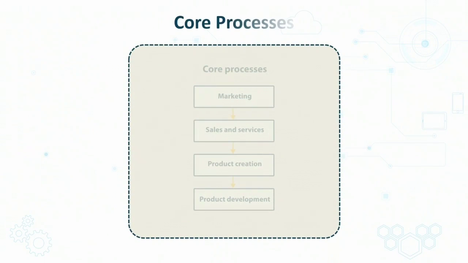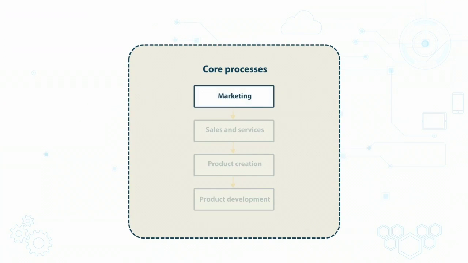The processes that are classified as core processes can vary from organization to organization. For example, a company that sells IT services would classify IT as a core process, while a company that sells luxury yachts might classify IT as a support process. However, some processes are considered core in all organizations. Marketing processes are associated with company branding, developing strategies for publicizing the company and its products, and identifying and acquiring customers.